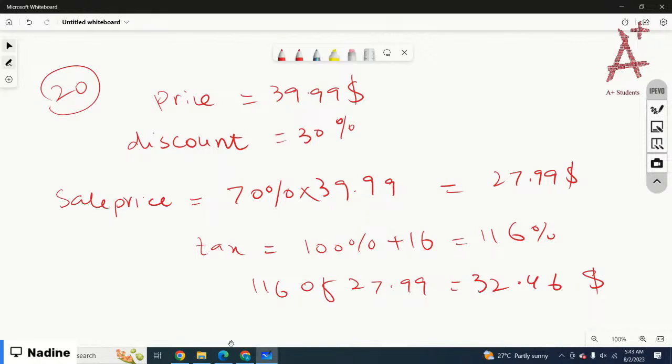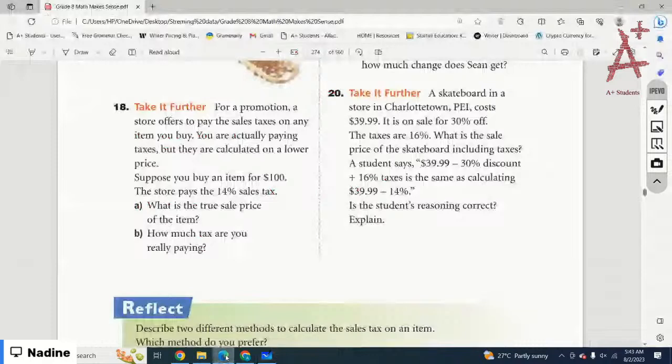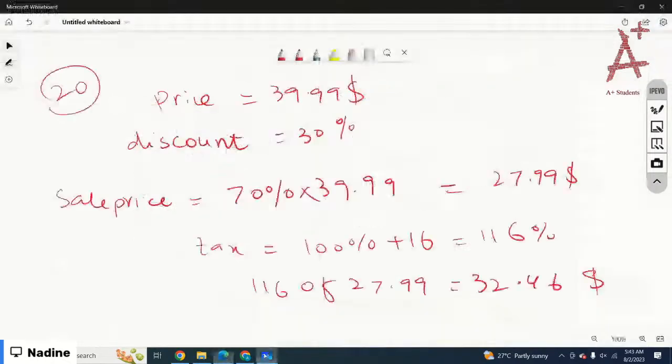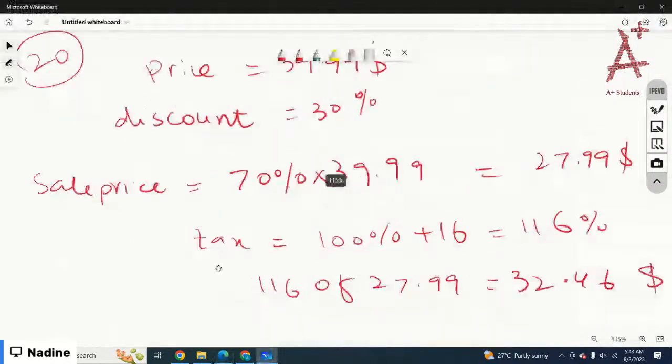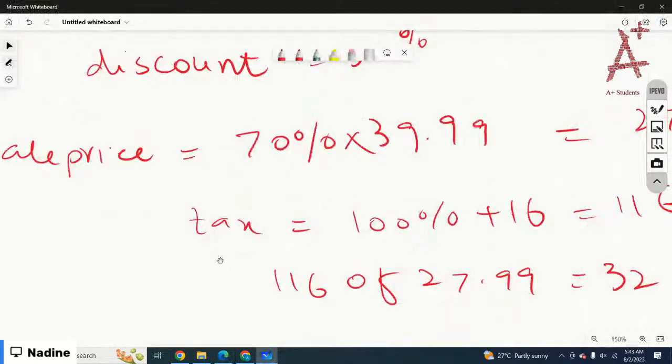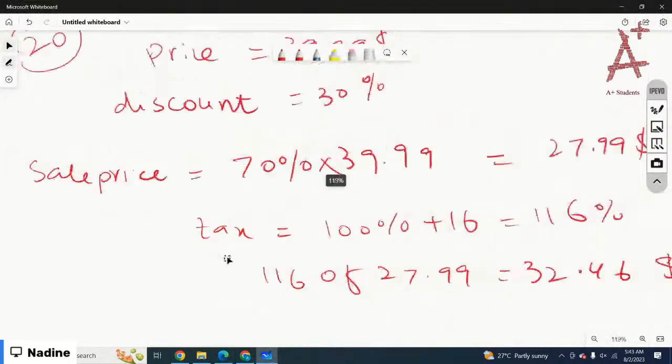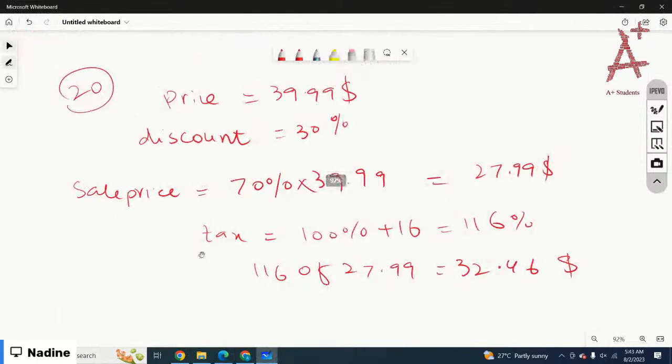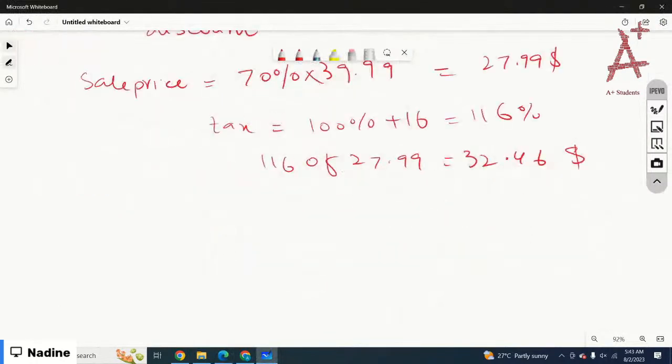Okay, a student says 39.99 with a 30% discount and 16% taxes is the same as calculating 39.99 with 14%. Okay, just calculate 14% of 39.99.